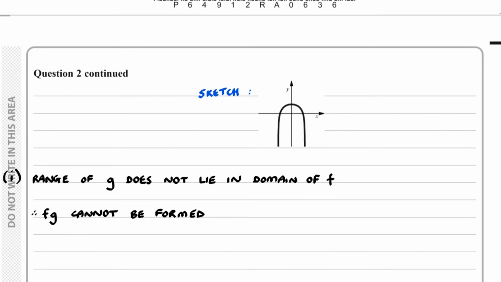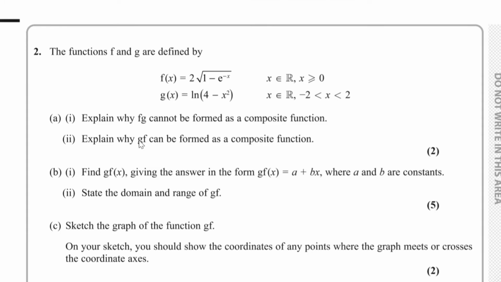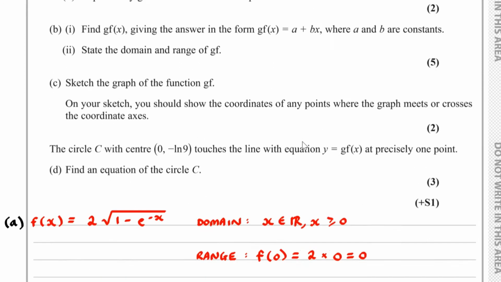Now, for the next part, we have to explain why g of f can be formed as a composite function.